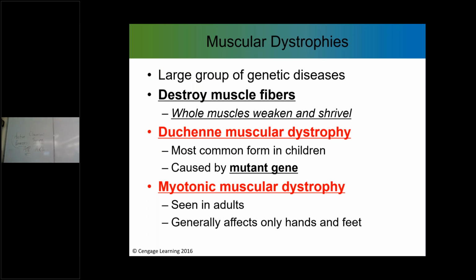How about a disease process called muscular dystrophy? This is a disease process that actually destroys muscle. You'll see here that it's causing muscle to weaken and atrophy, and this is really bad. The one that most people think of is Duchenne's muscular dystrophy.